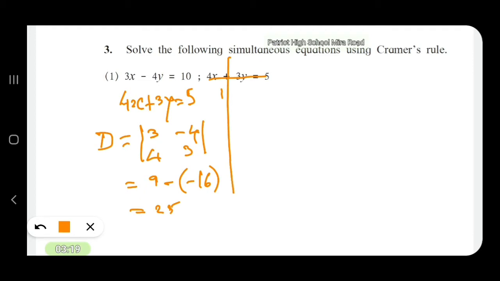Calculating Dx. So in place of the coefficients of x in the first column, we will bring the third column here. So it will be 10, 5 and minus 4, 3.